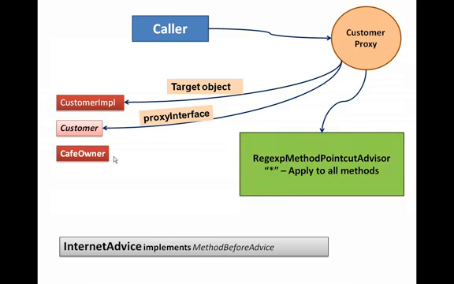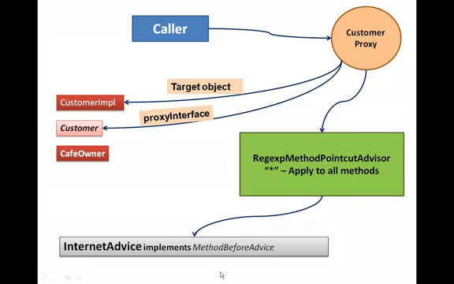So it will look for the pointcut advisor, where with the asterisk expression we are explicitly telling that the advice needs to be applied to all the methods of the target object, and this regex method pointcut advisor will also have the information of who can give the advice.